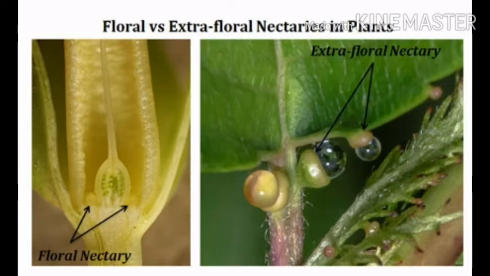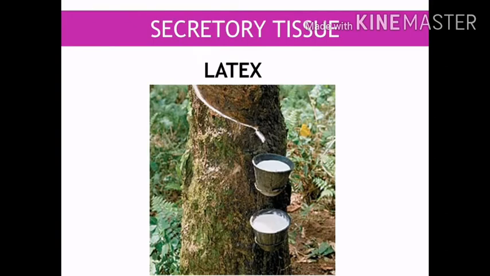Third, phloem fibers are dead sclerenchymatous cells. Parenchyma and sclerenchyma we have already studied. This is also not found in all plants. Fourth is phloem parenchyma. When present in the plant, they are responsible for storing food and help to conduct it. So these are the four types of phloem cells.